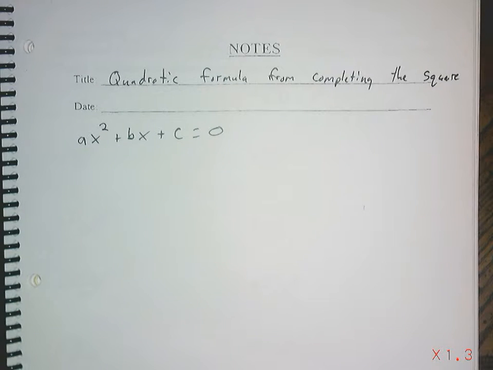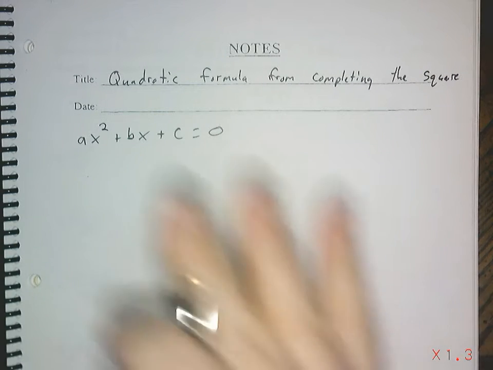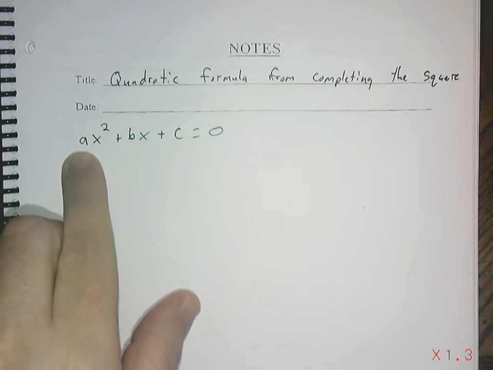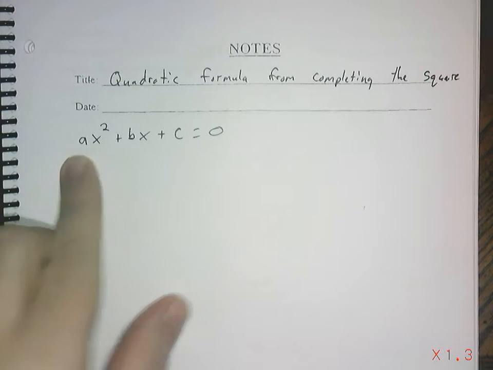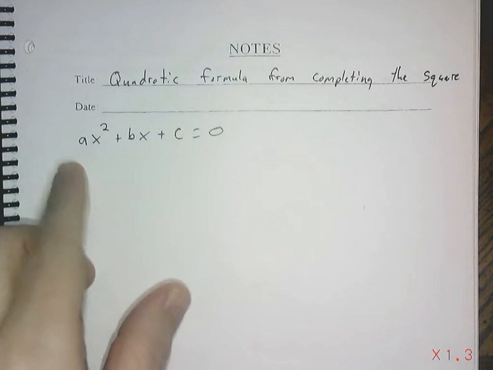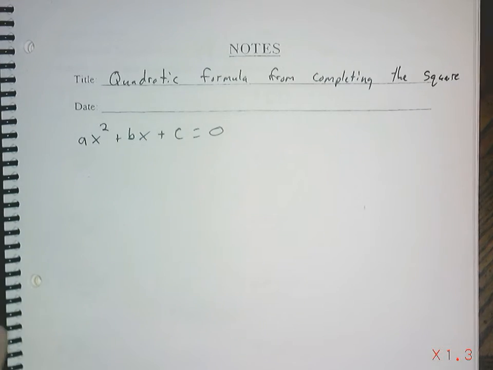So if I were to solve this using completing the square, without even knowing what any of these numbers are, the first thing I'd have to do is get that first term to a coefficient of 1. To do that, I would have to divide by a to get rid of it. But if I divide by a, I have to divide every single term in the equation by a.